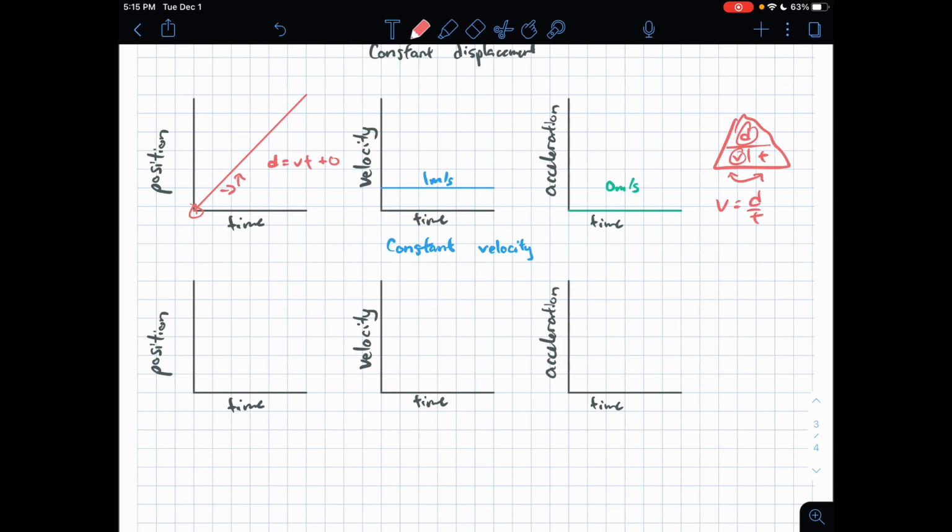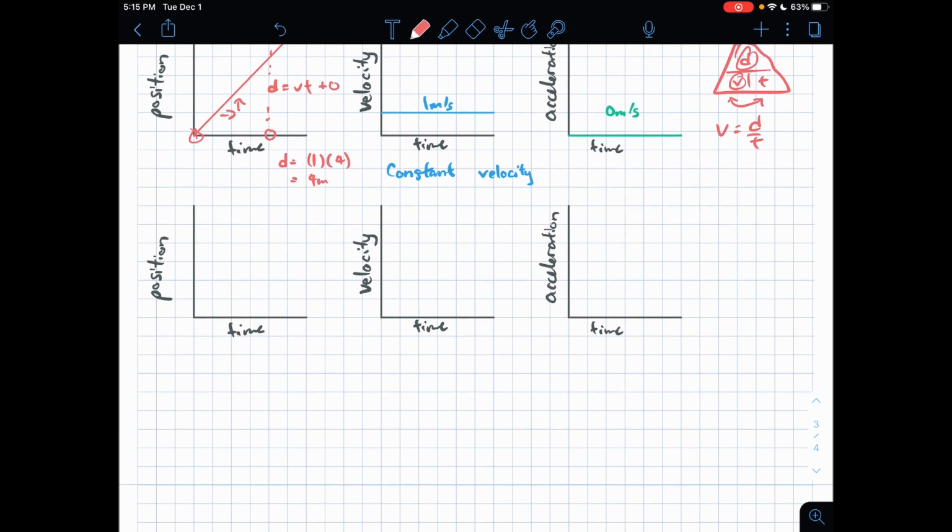So the slope would be 1. If we're looking at the position at, say, the 4th second, your displacement would be d equals 1 meter per second times 4, which would equal 4 meters.